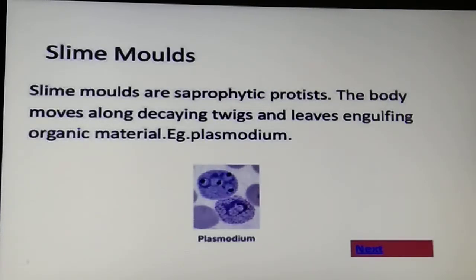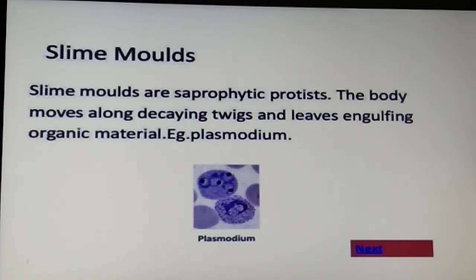Next we have slime moulds. Slime moulds are saprophytic protista, students, and the body moves along decaying twigs and leaves engulfing organic material. Now under suitable conditions they form an aggregation called plasmodium which may grow and spread over several feet.